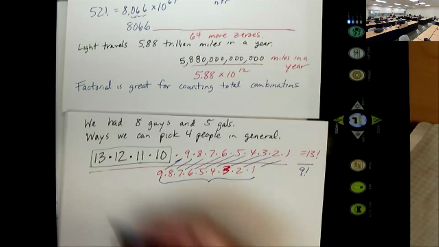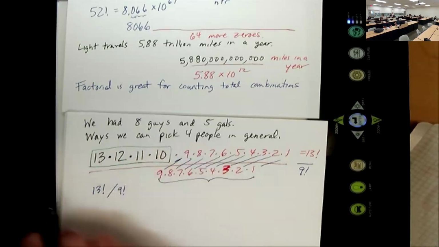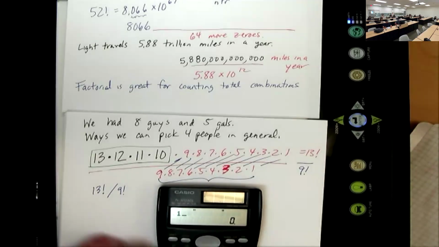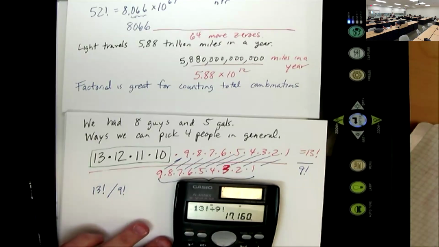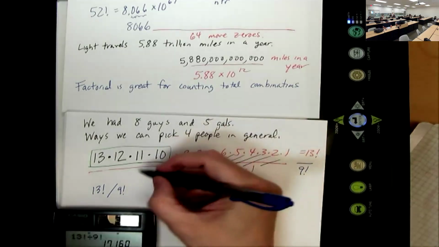So if you wanted to do this in a calculator, you could do 13 factorial divided by 9 factorial. And I'm gonna get 17,160.